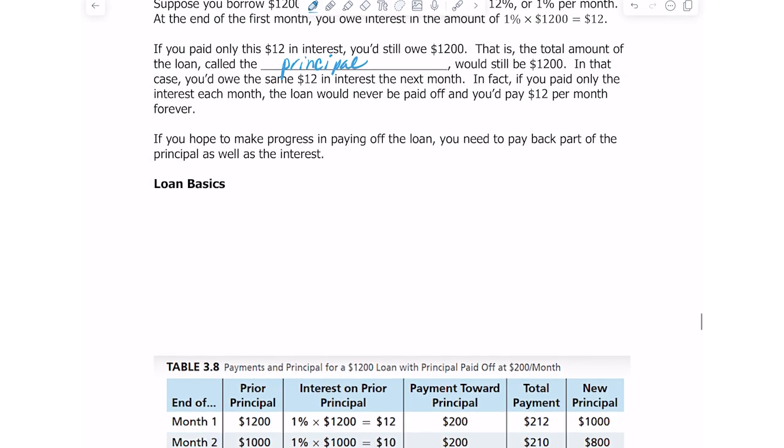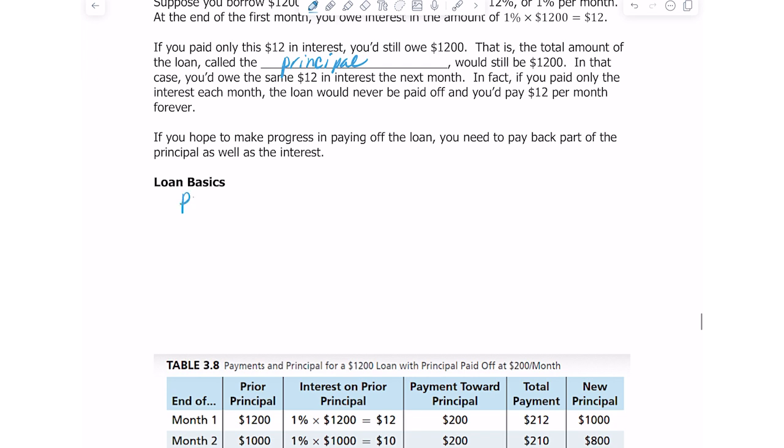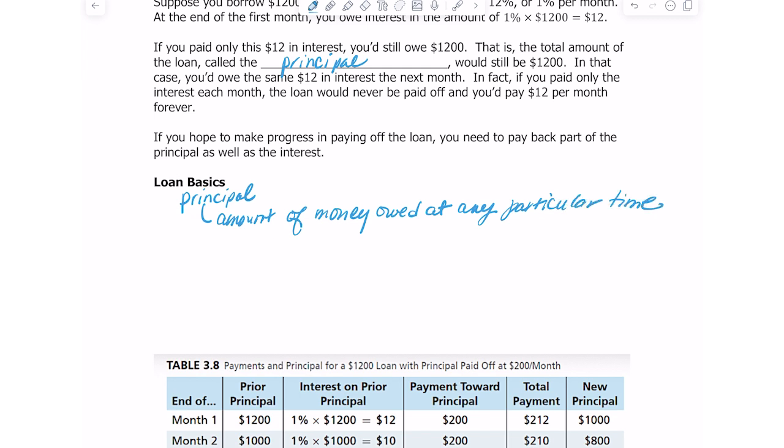So just a quick review, some loan basics and some terminology. The principal is the amount of money owed at any particular time. Interest is charged on the principal.